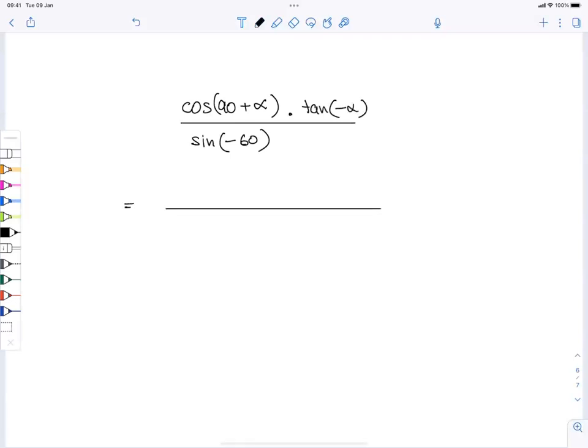You can help me. What quadrant number is that? 90 plus alpha. Oh, wouldn't that be a negative? That would be a negative because it's in quadrant 2, isn't it? Quadrant 2. Yeah. So that becomes negative, but cos changes to sin because there's a co-function. It's 90 plus minus. So that becomes sin alpha. What quadrant is negative alpha?